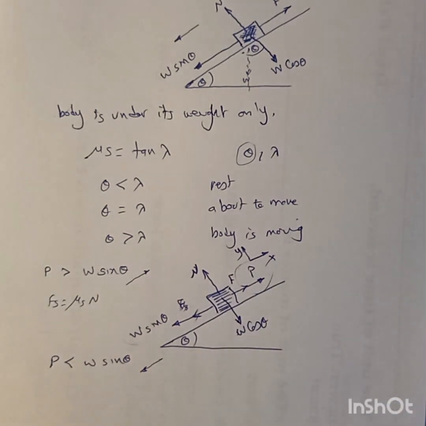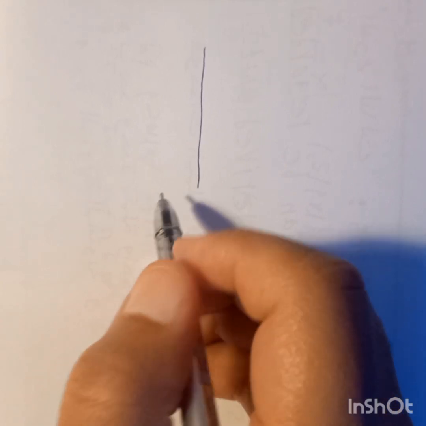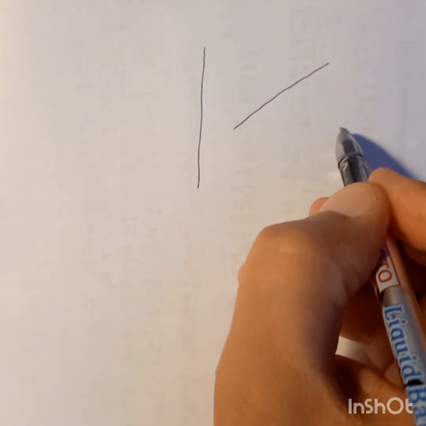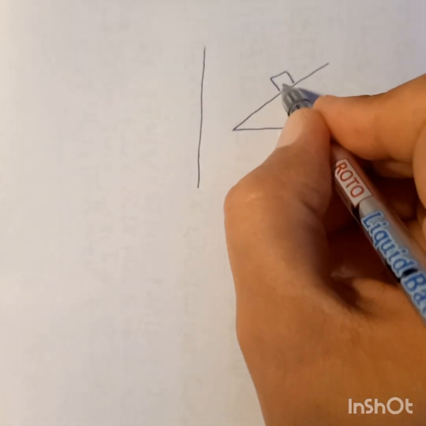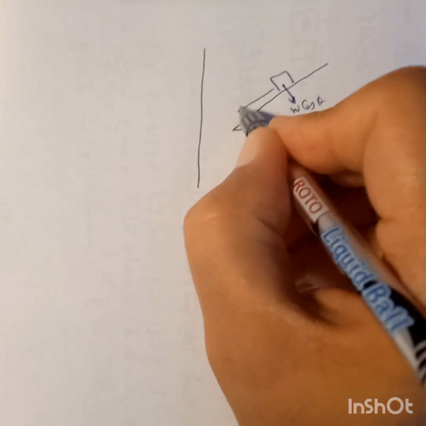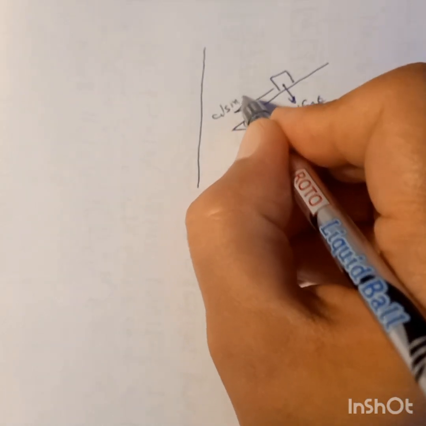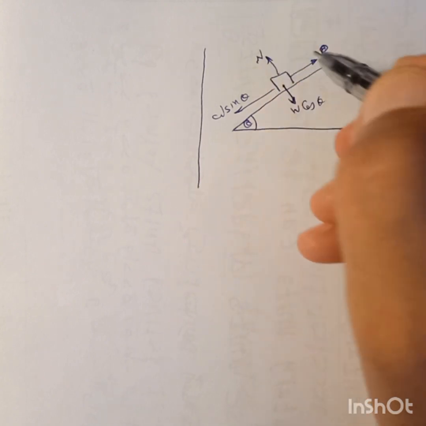So we can sketch these two situations. We have this one: here we have theta, W cosine theta, and W sine theta. We have the external force P, and we have the normal reaction.